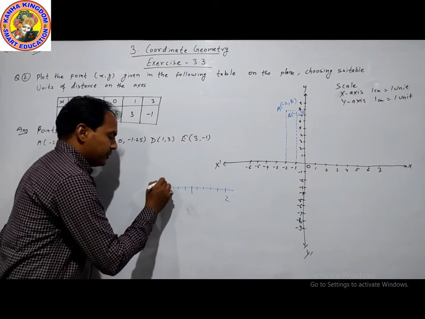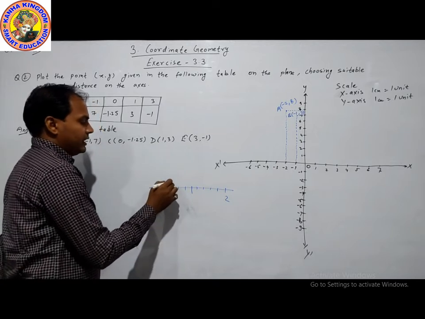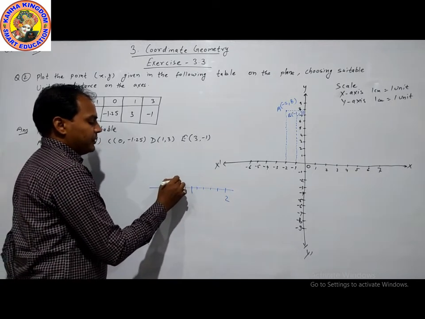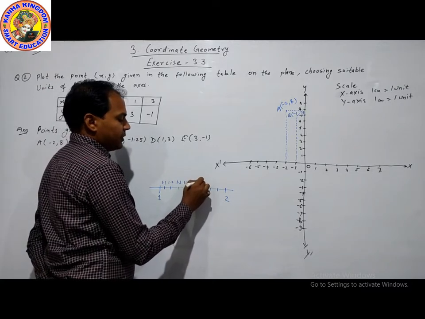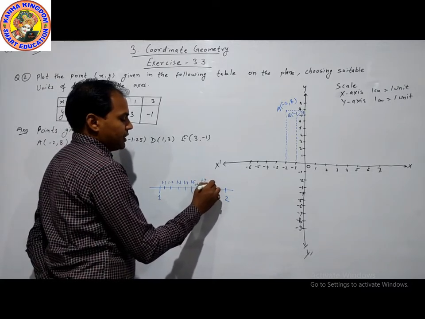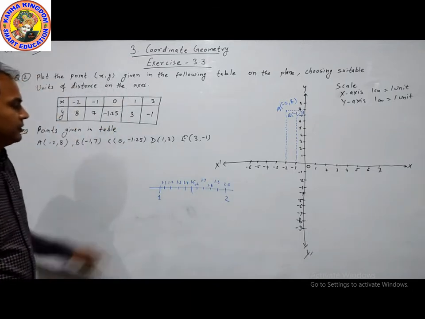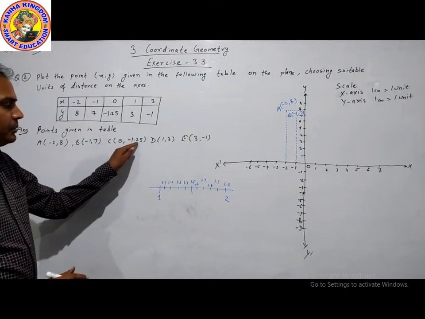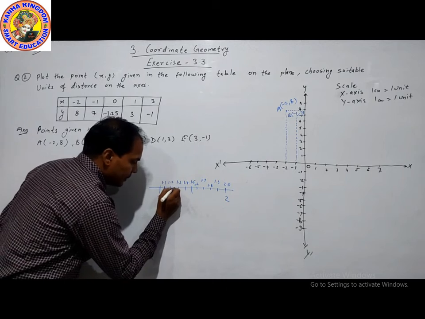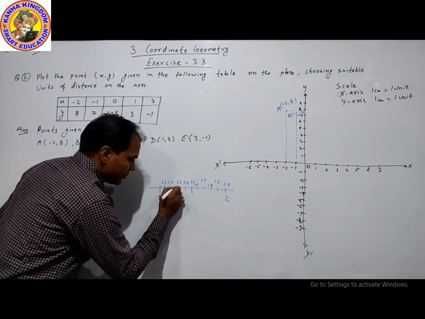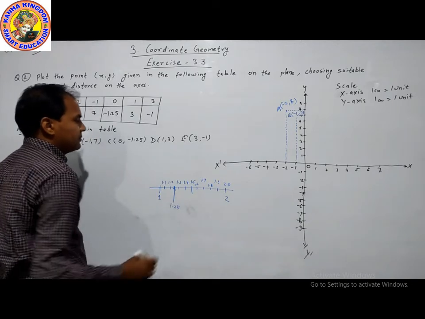So the first point is 1.1, then 1.2, 1.3, 1.4, 1.5, 1.6, 1.7, 1.8, 1.9 and 2.0. We will denote 1.25. Here is 1.2 and 1.3. The middle of this is 1.25.